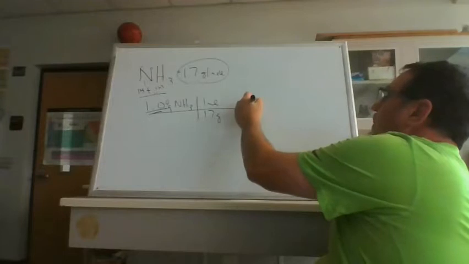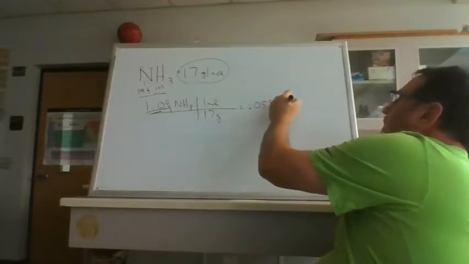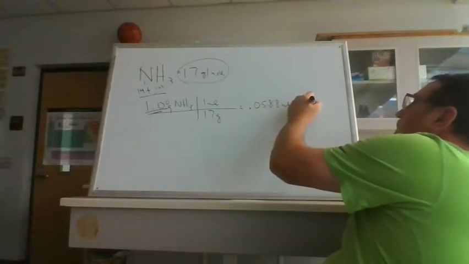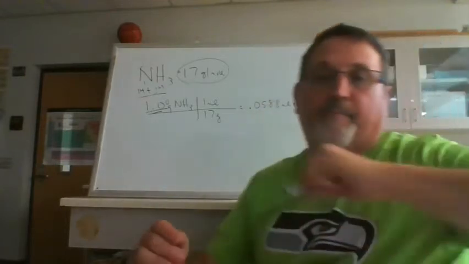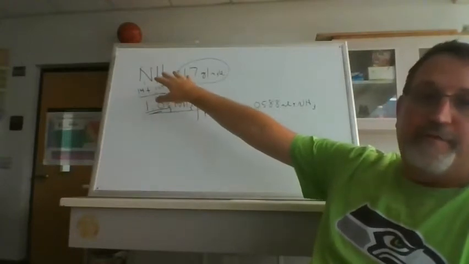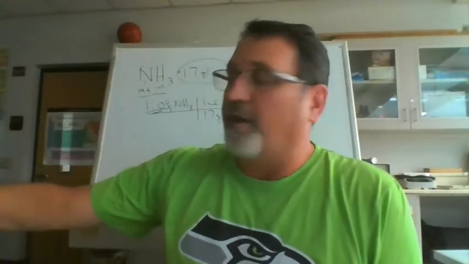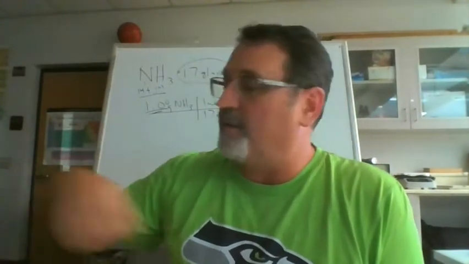So I'm going to call it 0.0588 moles of ammonia. Cool. That's the answer to 1/3 of 53. Now you have to do it again for the chemical B and the chemical C.